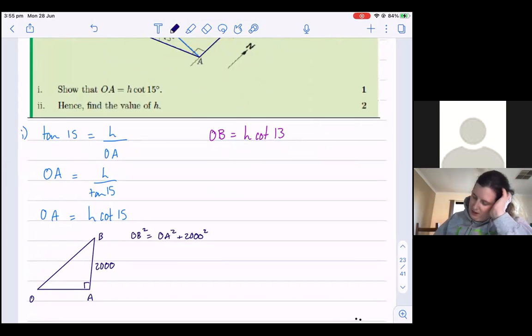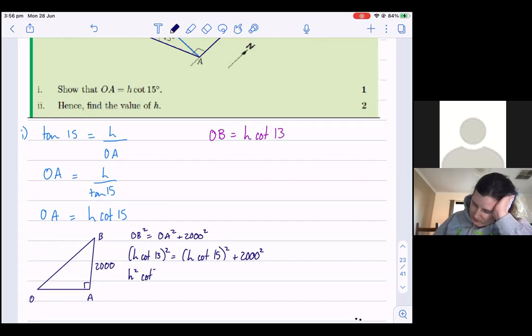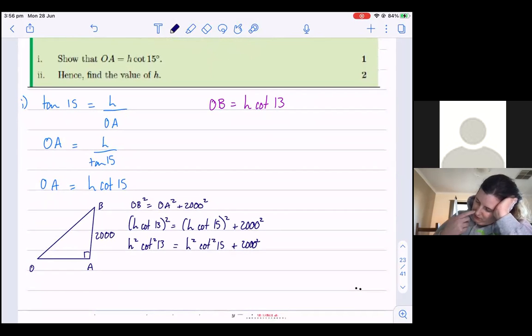Let's start putting these in because we're just after H. So we've got H cot 13 squared equals H cot 15 squared plus 2000 squared. So H squared cot squared 13, H squared cot squared 15, 2000 squared, which means if I take everything with H over to the left and factorize, I've got H squared outside of cot squared 13 minus cot squared 15.